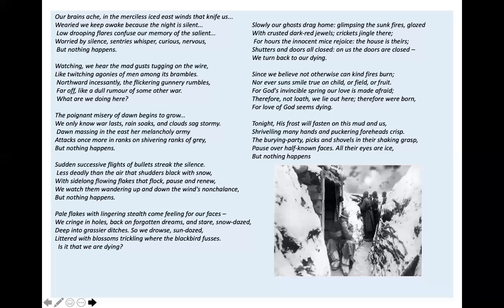So I'm interpreting that to mean that they're thinking more about home and where they're coming from. They're back on forgotten dreams. Could be not that they've turned their backs on them, but are they going back to forgotten dreams? Are they finally having some time to think about what they wanted to be before the war started?